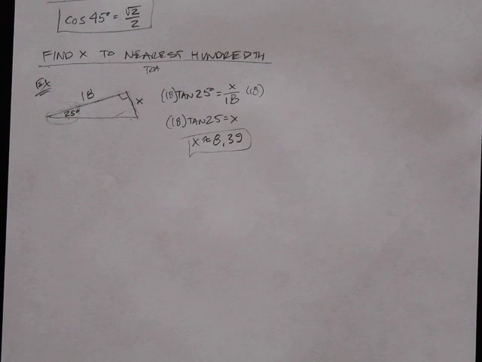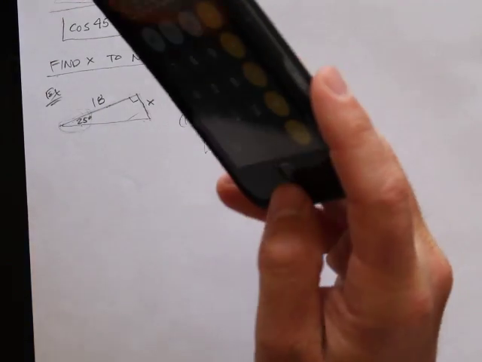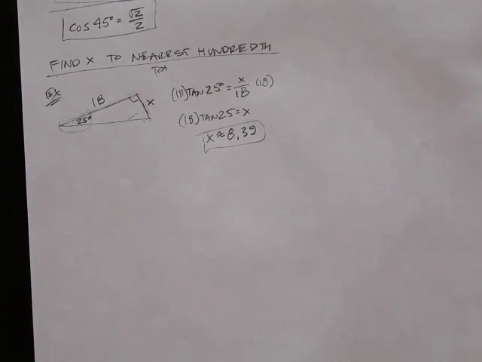Now, if you have an iPhone and you go to the calculator, you don't see sine and cosine there. But if you go like this, maybe I have to sign in first.